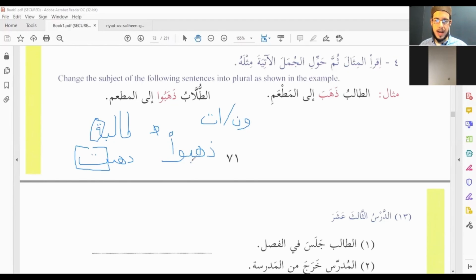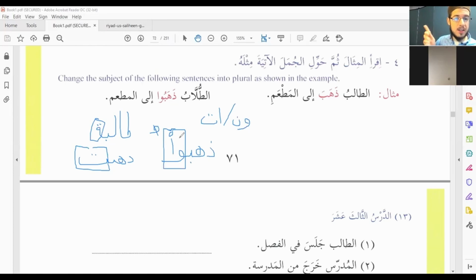So this is our device in the Arabic language which demonstrates plural in past tense verbs. Dhahaba, singular, dhahabu, plural. Fa'ala, singular, fa'alu, plural.